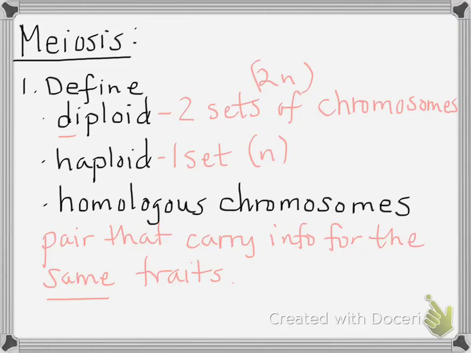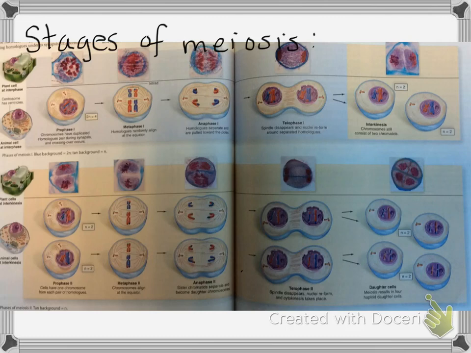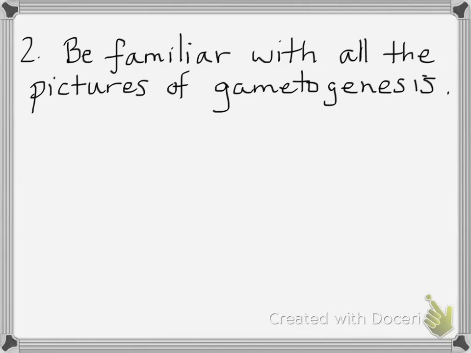Why are they always in pairs? One from each parent. Very good. One would be maternal from your mom, and one would be paternal from your dad. Everybody okay with that? Super. Everybody okay with these definitions here? There are stages of meiosis, page 96, 97. Okay, be familiar with all the pictures of gametogenesis.